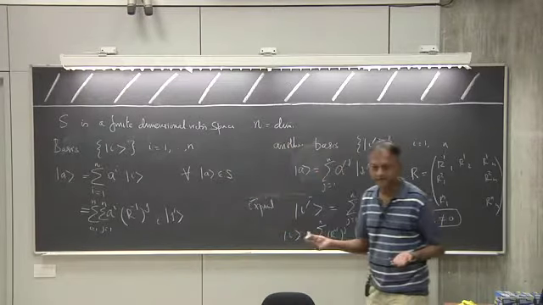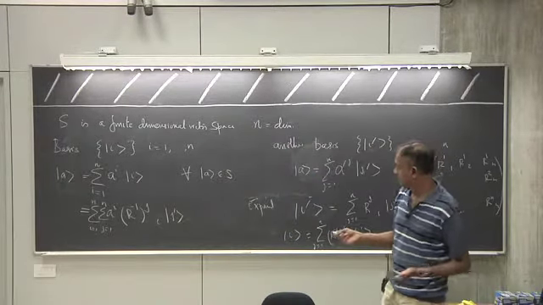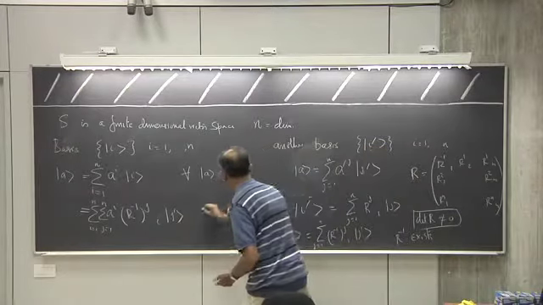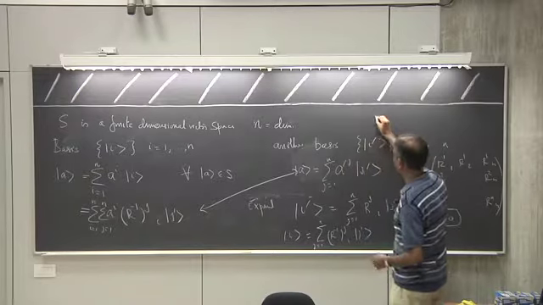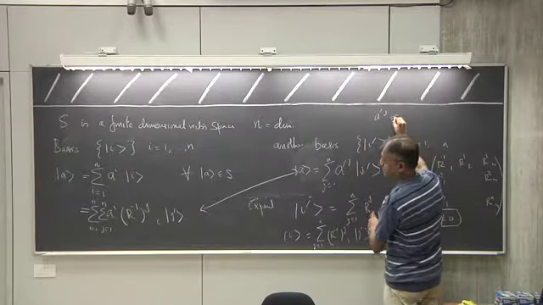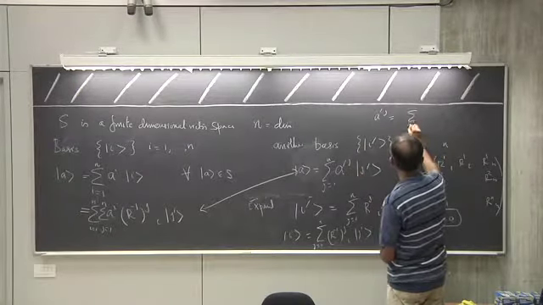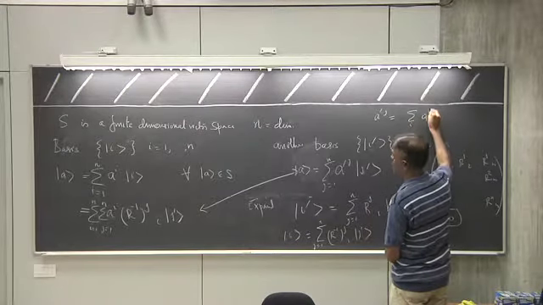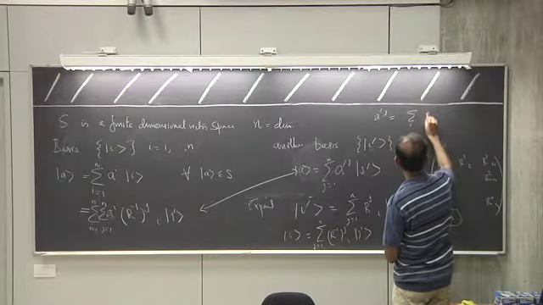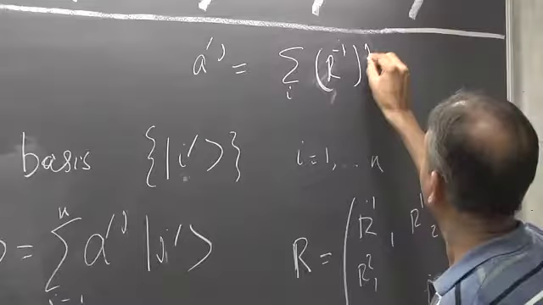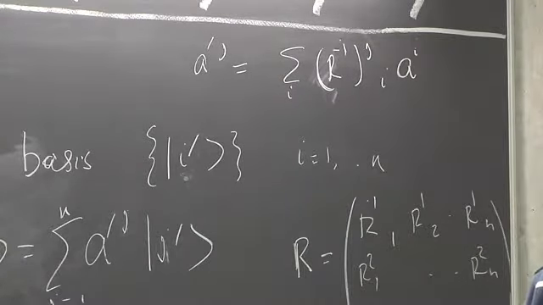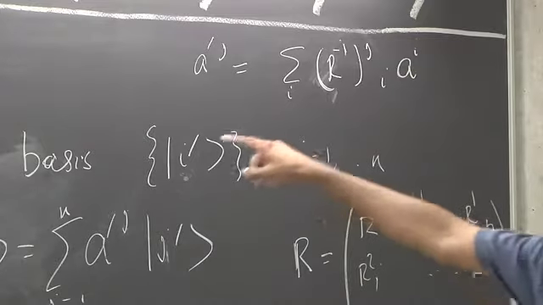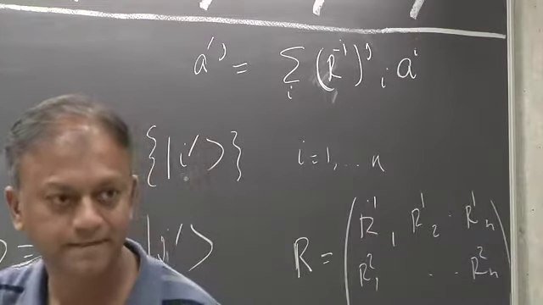That follows from linear independence, right? So by comparing these two, we get to the relation A prime j is equal to summed over I, AI, let me write it like this, R inverse Ji AI. Right? This is the expression which relates A prime to A.